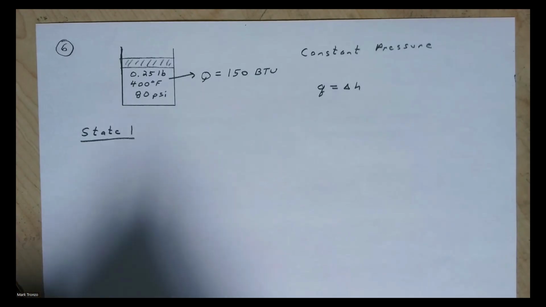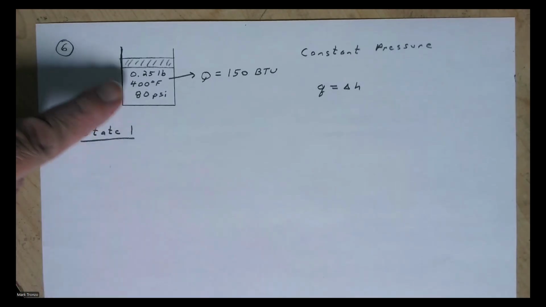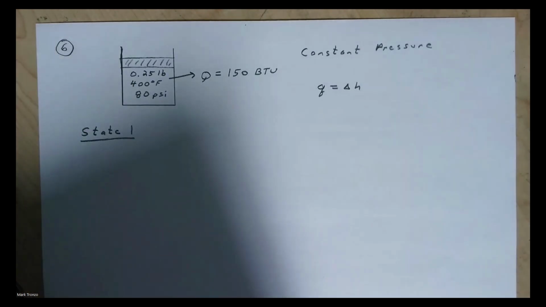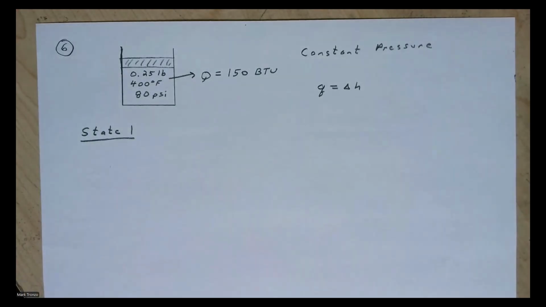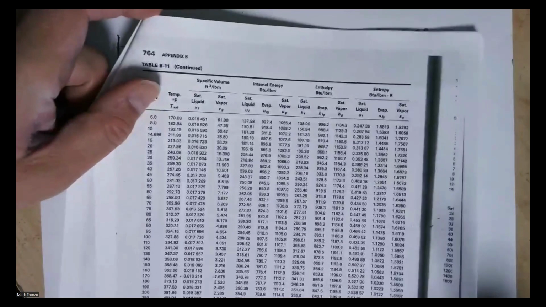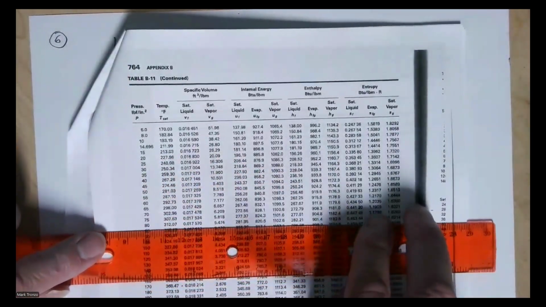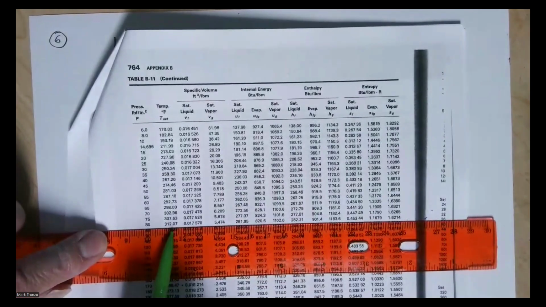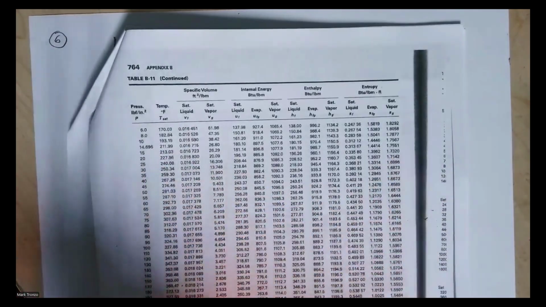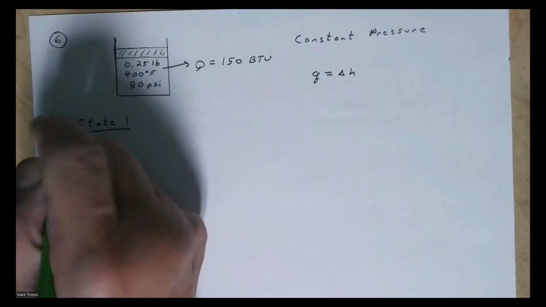If we look in our tables, first you can check 80 psi and see what the saturation temperature is. So if we look up 80 psi on our table, in my table it's B11. Our saturation temperature you can see is 312.07, but we are at 400 degrees F, so that means it's superheated.